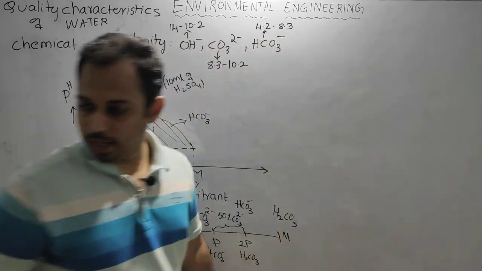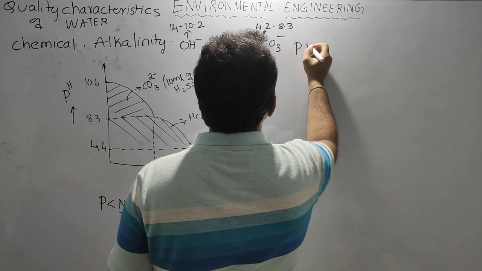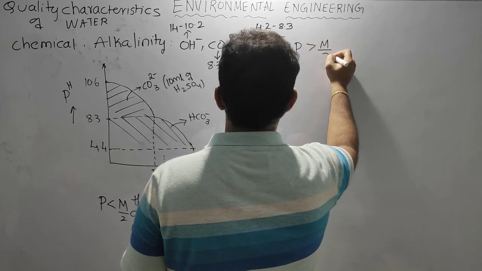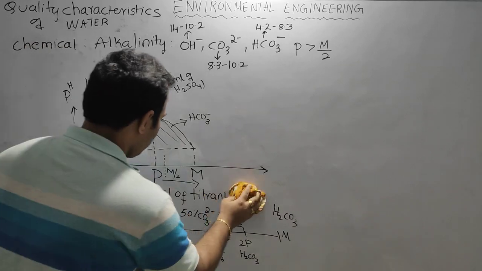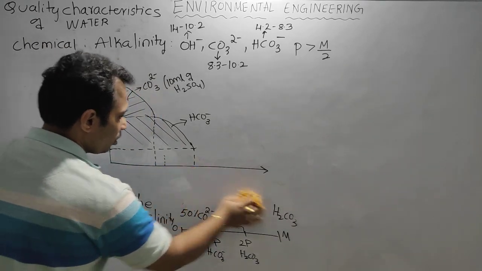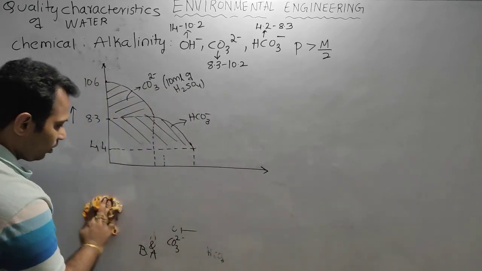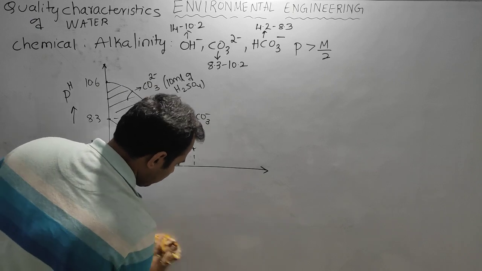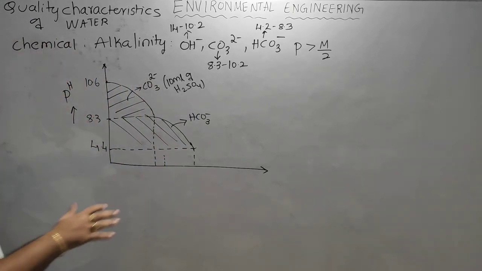When P is greater than M by 2, so this is not M by 2 now.